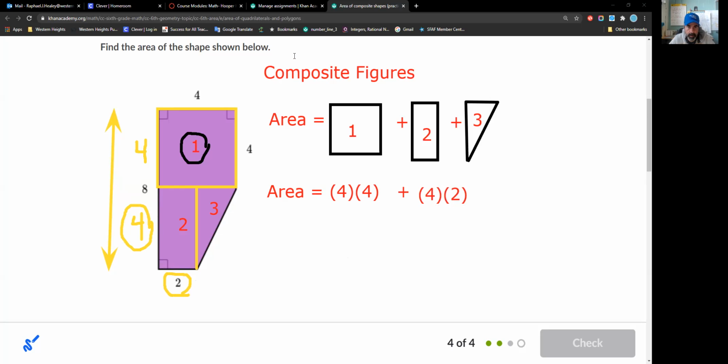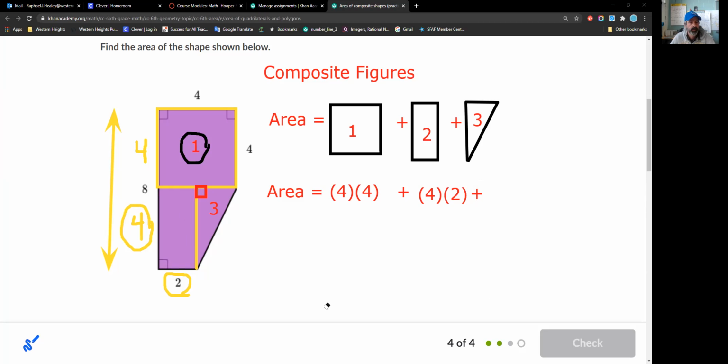The last piece of the puzzle is the triangle. So let's take a look at that. And then we're done figuring this one out. So what do we got? We have base times height. Now remember, the base is connected to the right angle. So if you look here, this is where the right angle is, right? Let's get rid of that 2, it's kind of in the way.